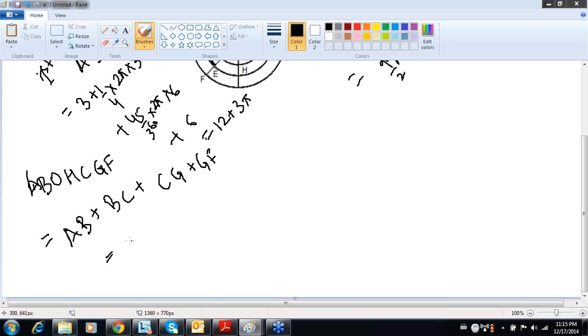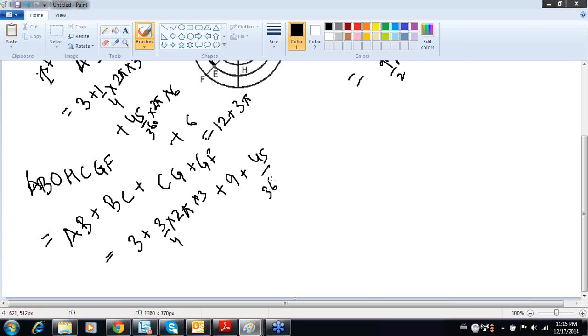Just calculate it. AB is 3. Okay. BC is 3 by 4 into 2 pi R plus CG 9 plus GF 45 degree.